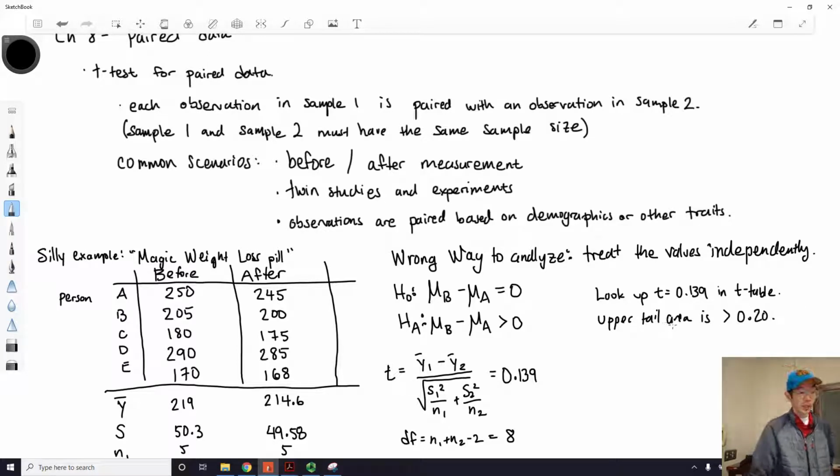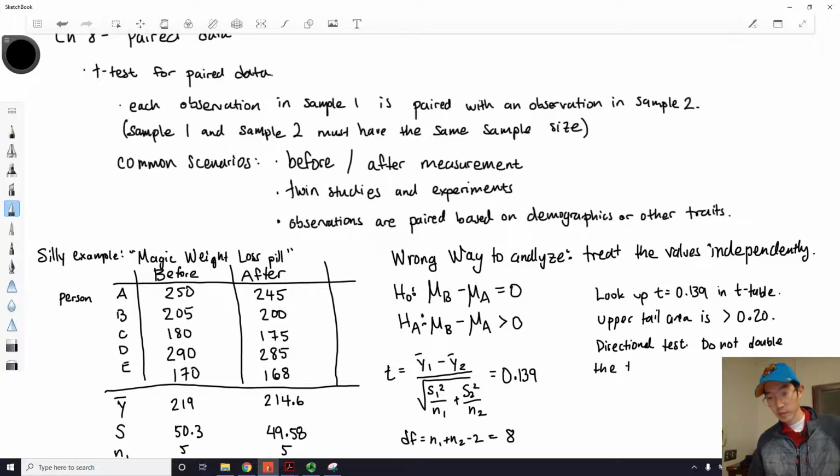Because it's a one-sided, or directional, test, we do not double the p-value, or do not double the tail area. We get our p-value is greater than 20%. If alpha is 5%, we do not reject the null hypothesis.